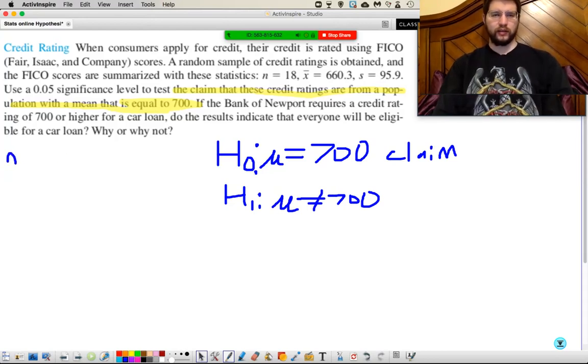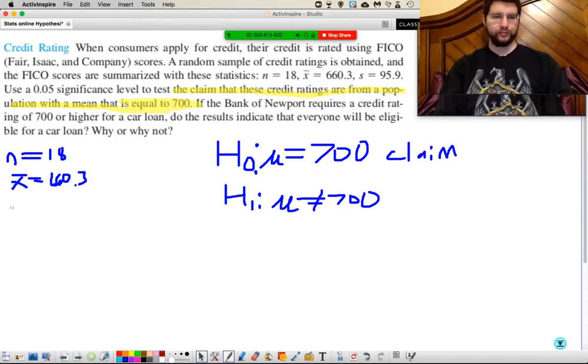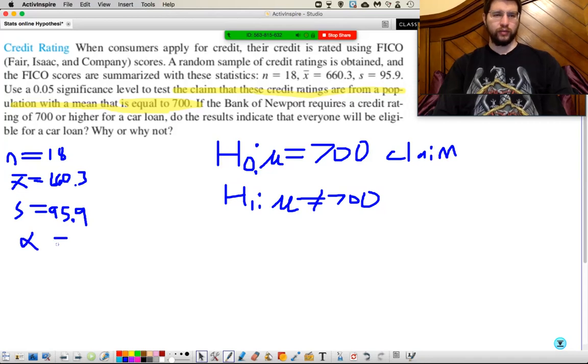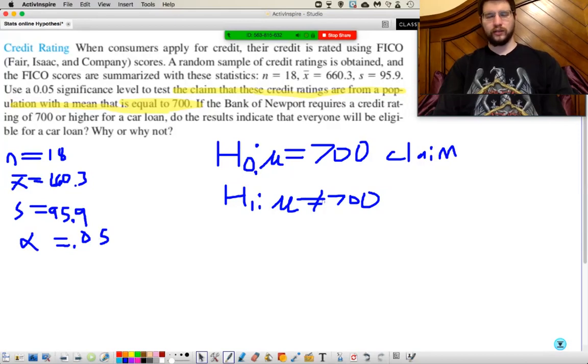It gives us our useful info up there, .3 if you can't read my handwriting, it's right there. And we're using alpha 0.05. Two-tail test going on here.